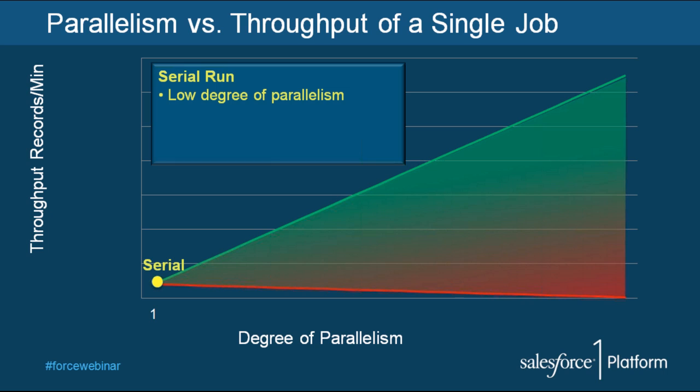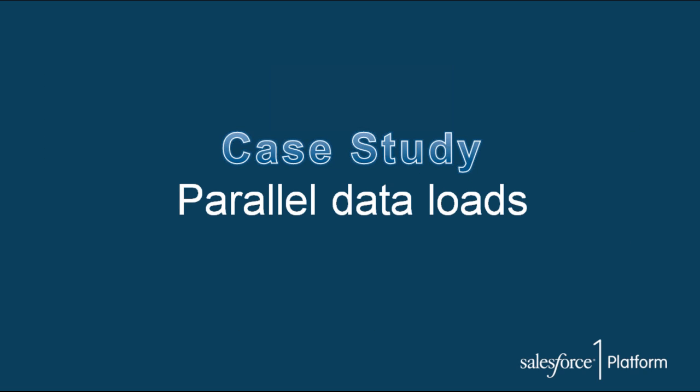We've extrapolated a line for the optimal loading that we want to see, up and to the right. Hopefully the axes will appear on a later graph. All right, so let's switch gears now and go to another set of case studies around parallel data loading.